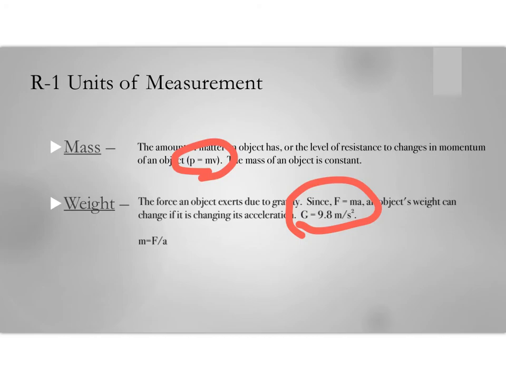So your weight here is what it is, but if you were to go to the moon, where the gravitational forces are much less, your weight decreases, which is why in videos of astronauts on the moon you see them floating around, because they don't weigh as much.